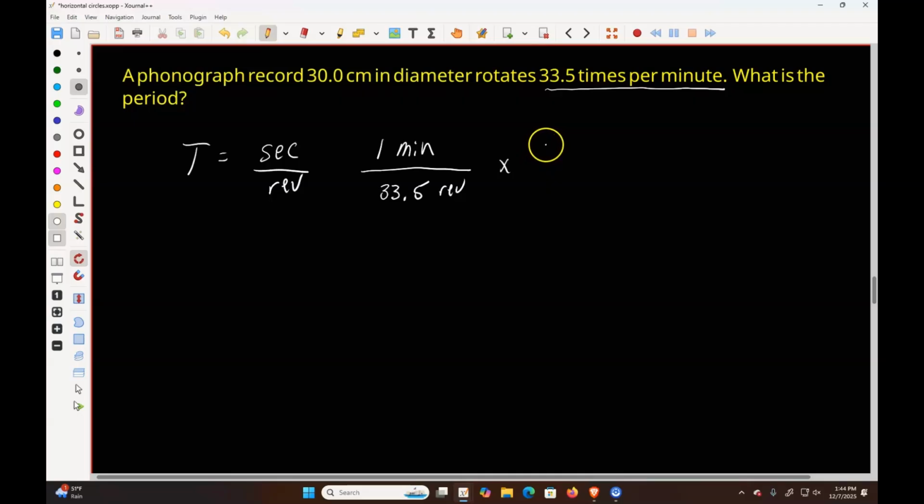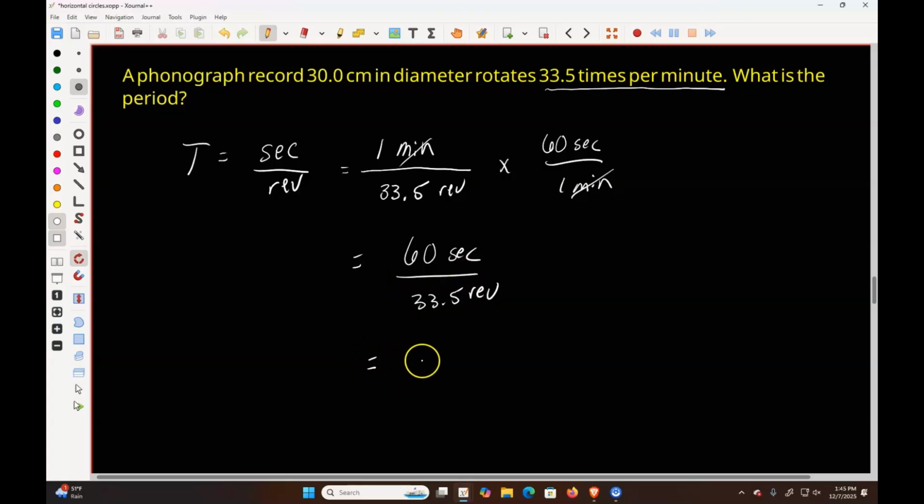I need the 1 minute to disappear, so I know that 60 seconds is 1 minute. Minutes cancel. That would give me time in seconds over revolution. So if I were to multiply, I have 60 seconds divided by 33.5 revolutions. That would give me 1.79 seconds for each revolution.